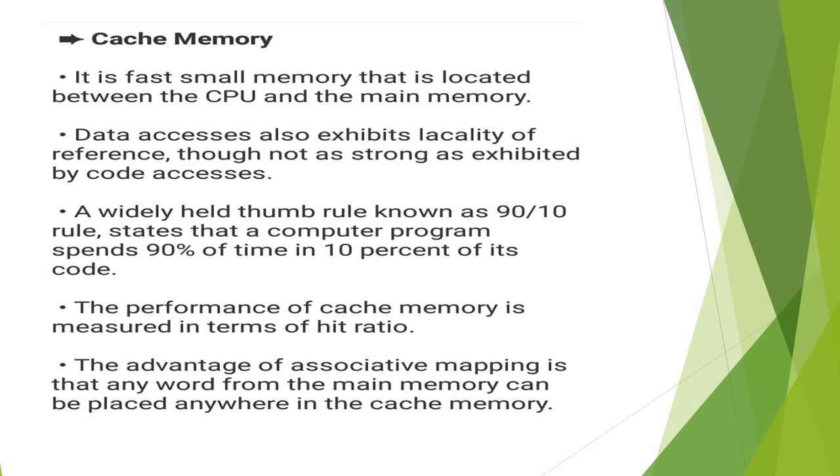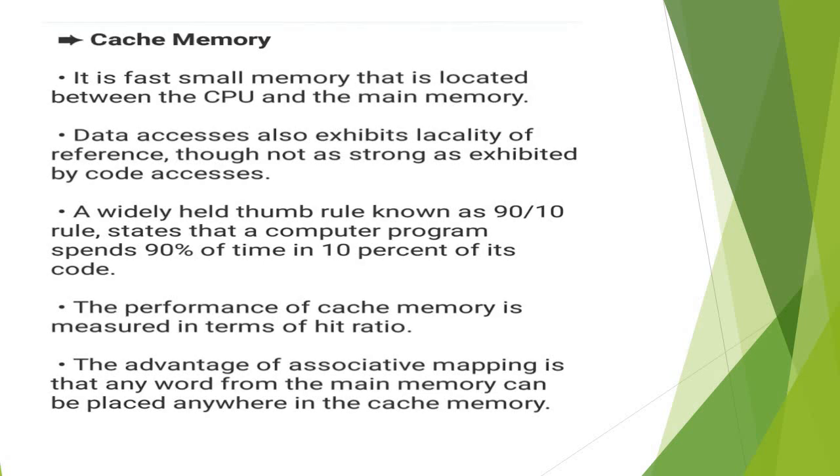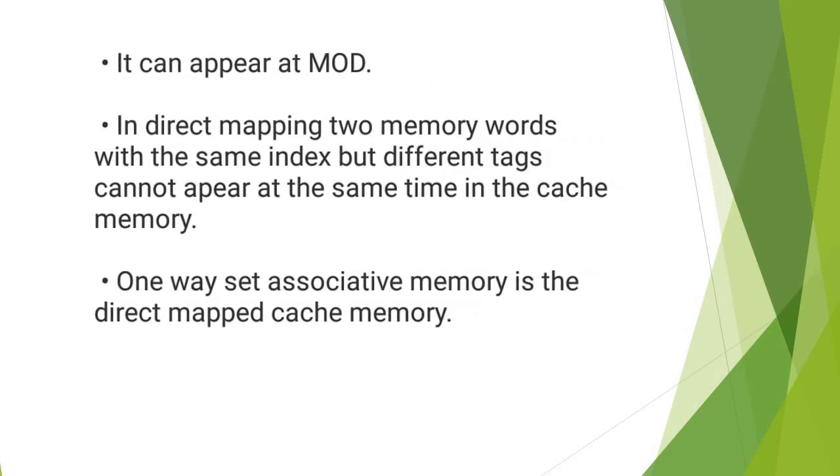The advantage of associative mapping is that any word from the main memory can be placed anywhere in the cache memory. In direct mapping, memory words with the same index but different tags cannot appear at the same time in the cache memory. One-way set associative memory is a direct mapped cache memory.